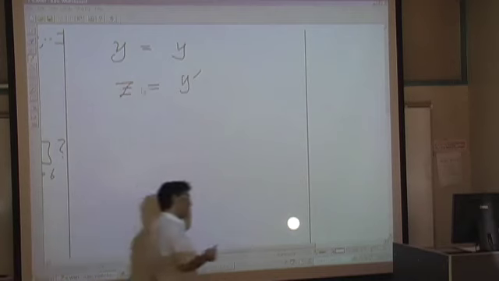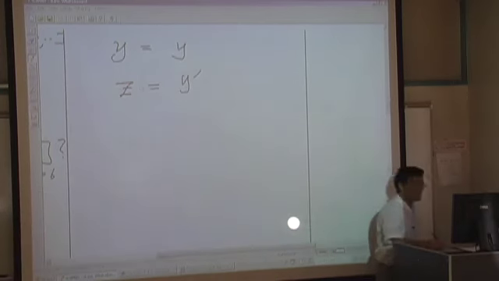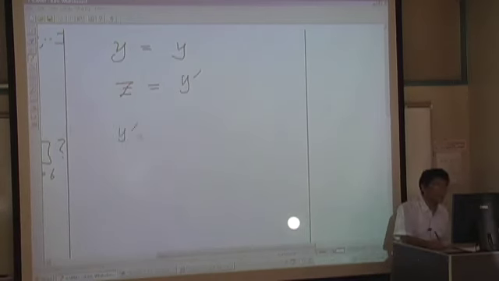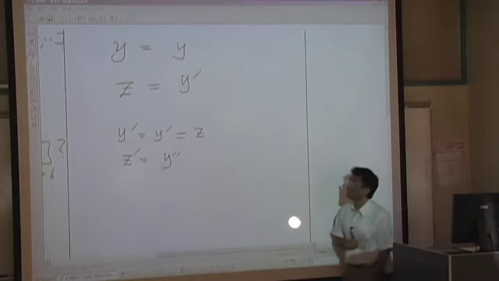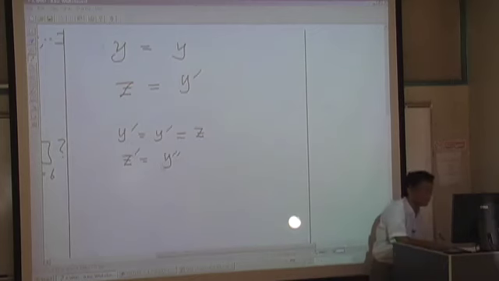Then y prime is, y prime. And then y prime is called what? z. And then z prime is the y second derivative, right? So this is the definition part.